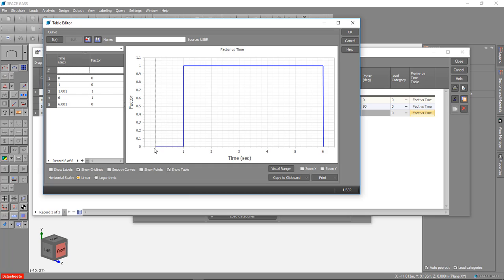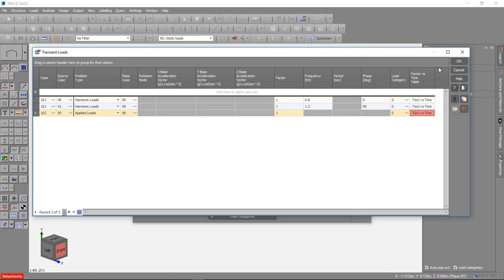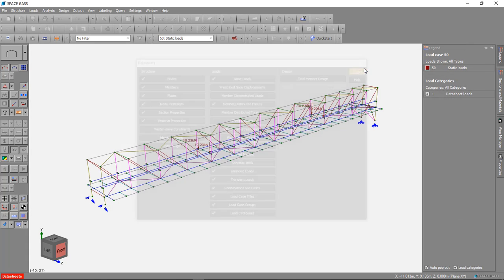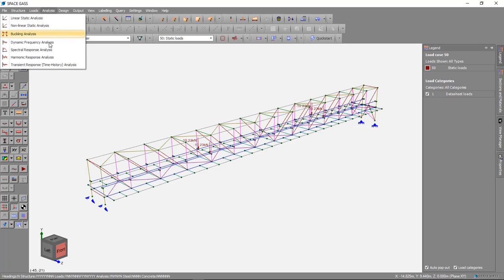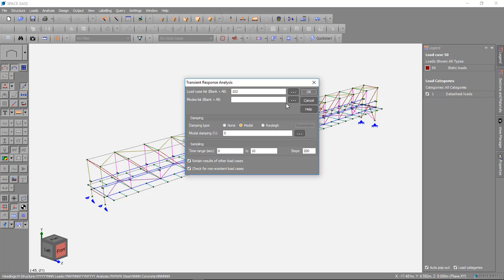So there's the graph. So nothing happening for the first second, and then the full load applied for the next 5 seconds, and then it's removed. So the button here goes red just to let you know that you've got some data in there, in case you forget. Reanalyze.